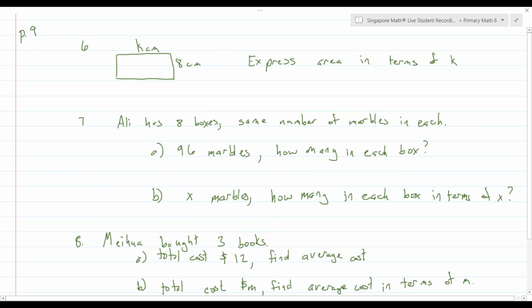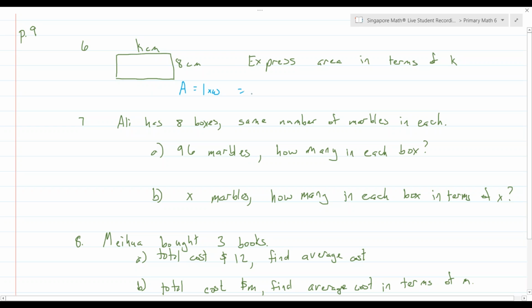Page 9, number 6, talks about having a rectangle that is k centimeters by 8 centimeters, and we're going to express its area, again look at the phrase, in terms of k. Area, the formula is to take the length, multiply it by the width.